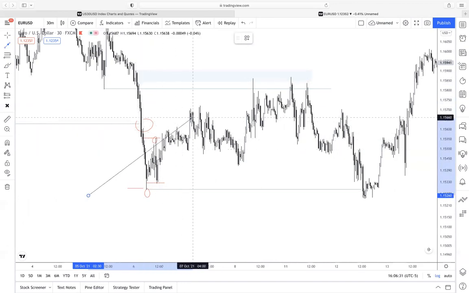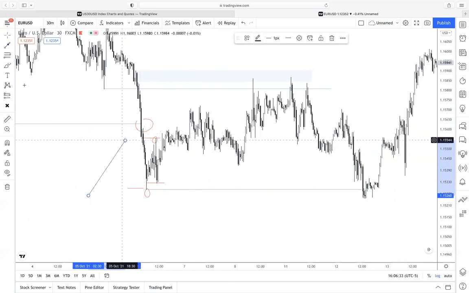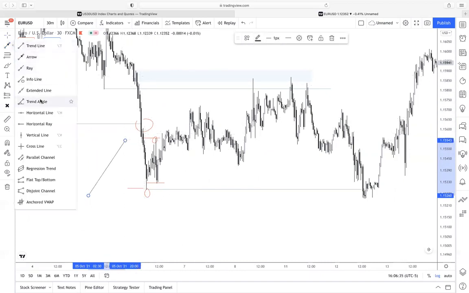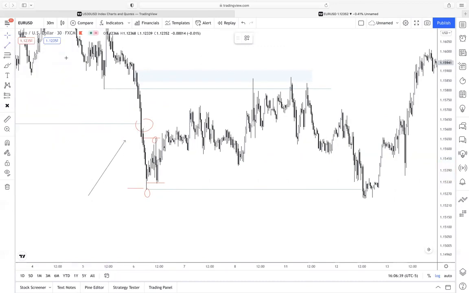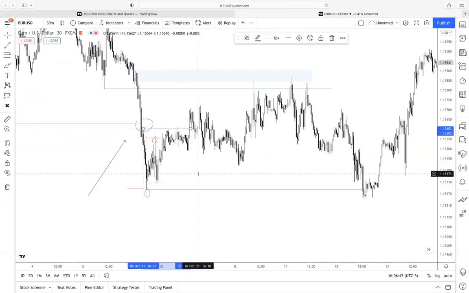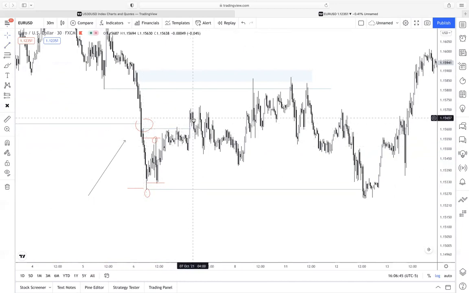So price comes up, we take out that high, right? Which is a run on internal liquidity. So we could look for sells here, but only if they're confirmed, because structure has to shift. So once you run this high, what does price do? Price comes down, right? It respects the supply demand zone.